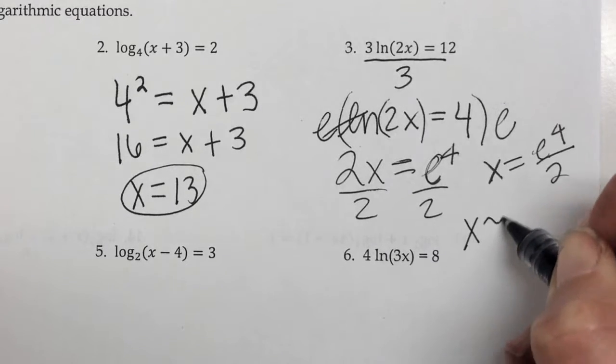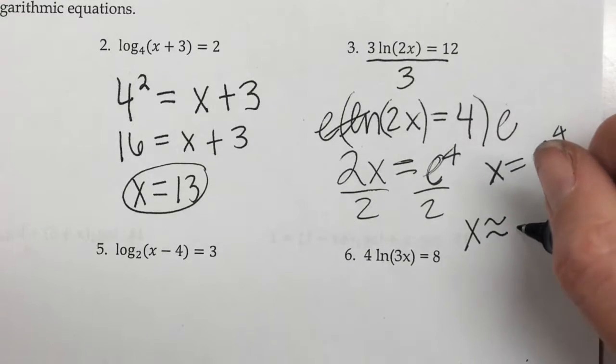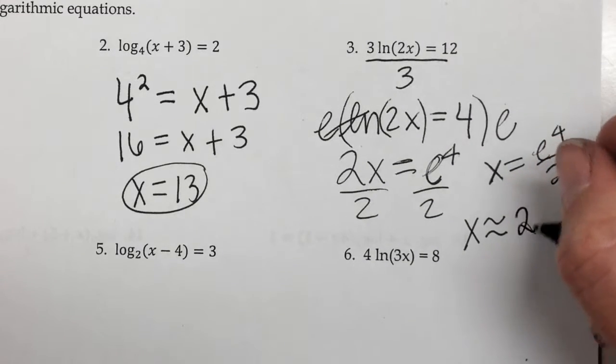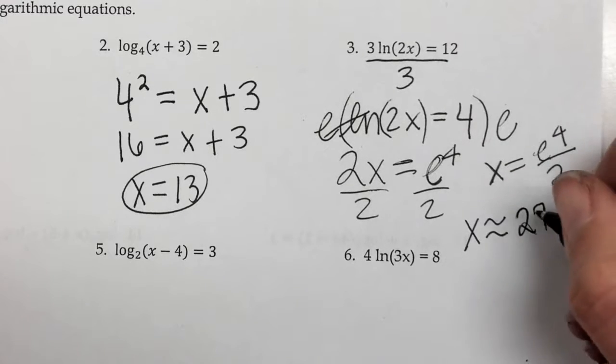And now I want you to practice finding that in your calculator. Round to the nearest hundredth. What'd y'all get? 27.30. I got 27.3, sorry.